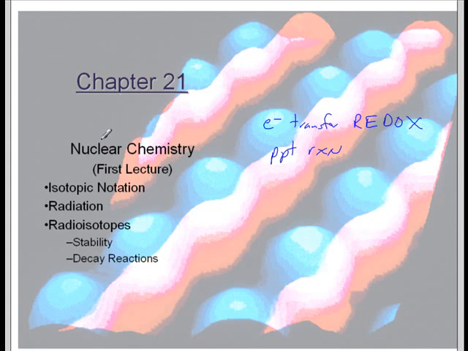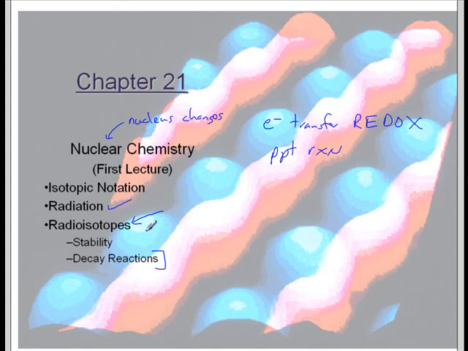In this chapter, the nuclear chemistry chapter, what we see is that the nucleus actually changes. The very last thing we're going to see in this lecture is the decay reactions, where you take some unstable radioisotope and it falls apart by itself, and in the process it kicks off some type of radiation.